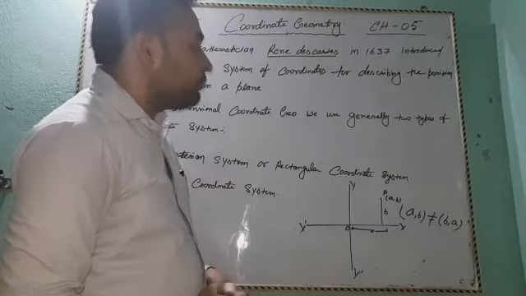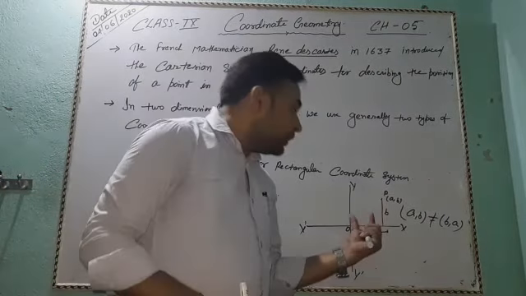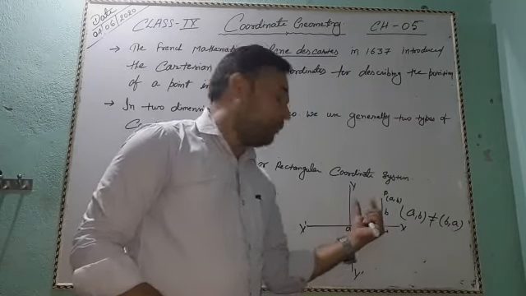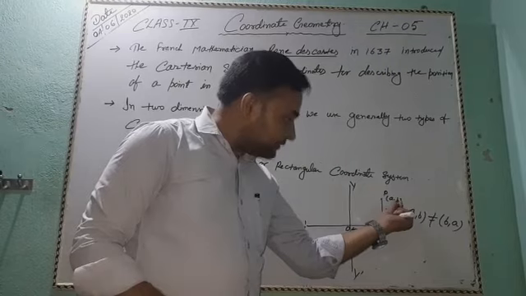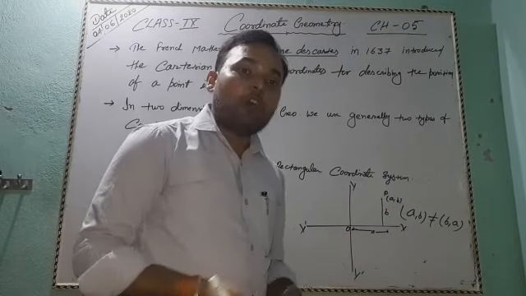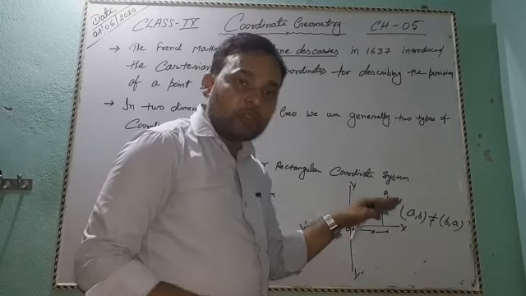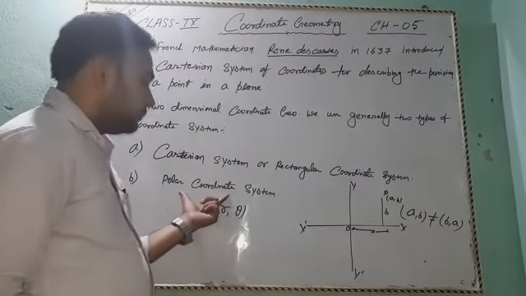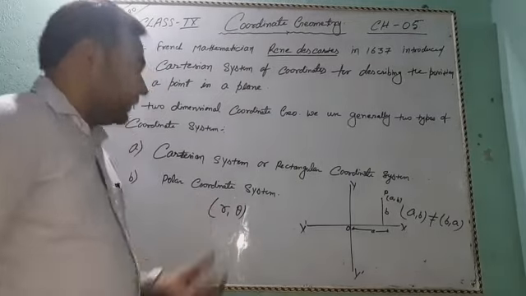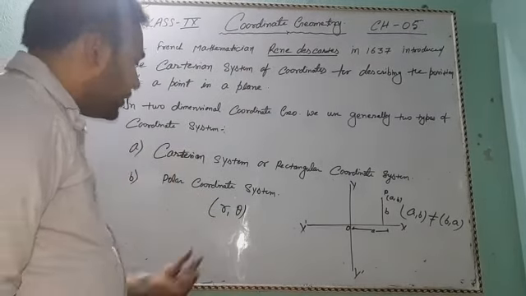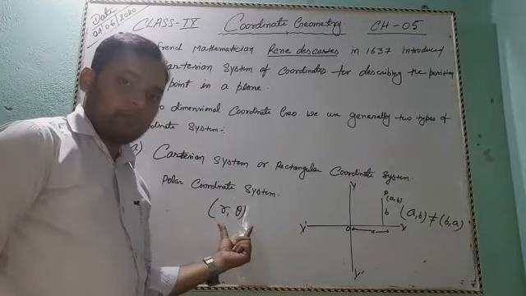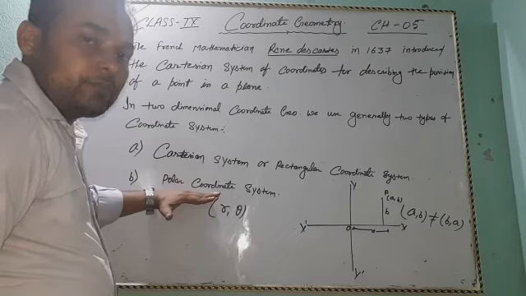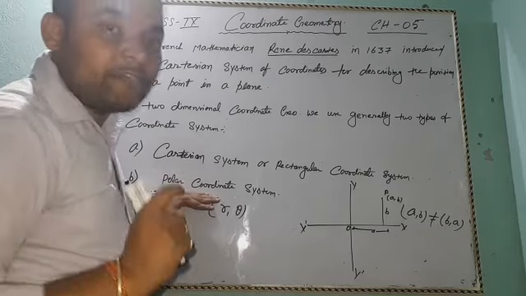So A is the distance of any point from the y-axis, and the second place, B, is the distance of any point from the x-axis. In the polar coordinate system, any point is represented as (r, theta), but the polar system is not in my syllabus.